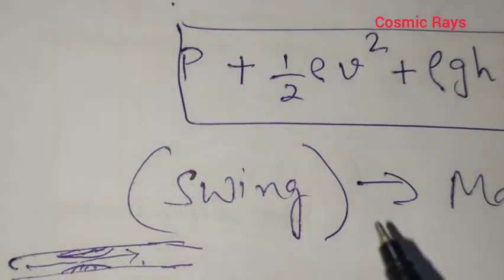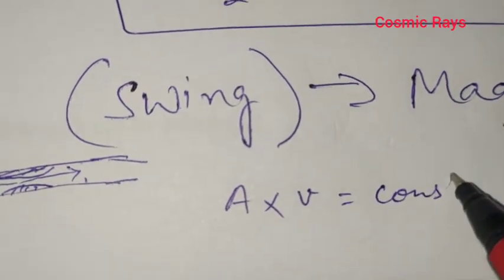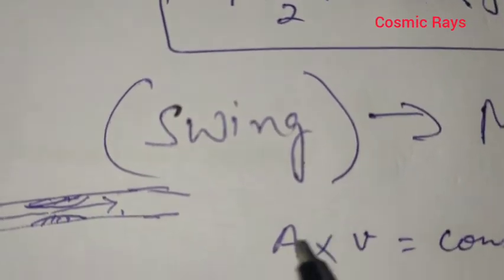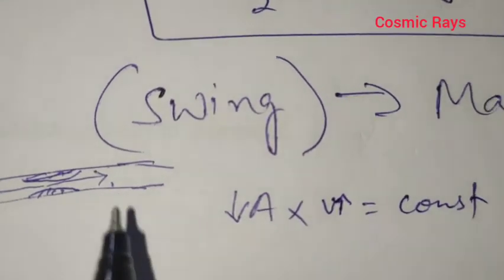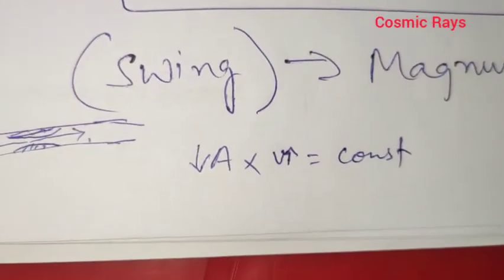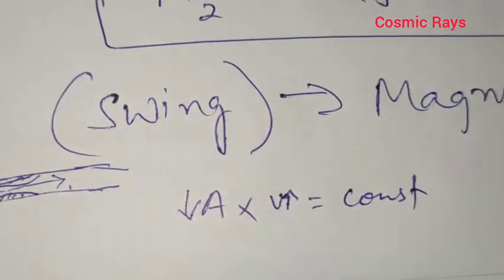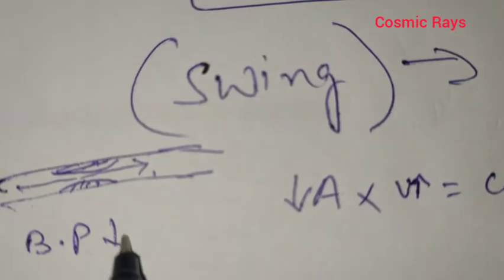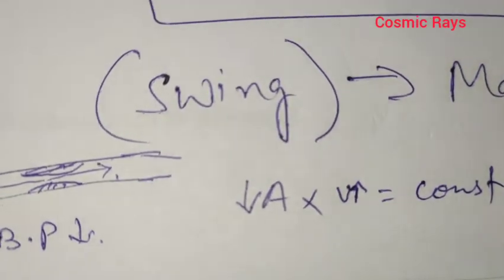Now we know that area into velocity is a constant, so automatically here the area is reduced, so velocity will increase. Once the velocity increases, the blood pressure lowers because of the increased velocity of the blood.